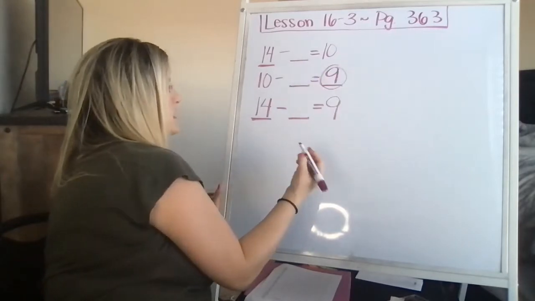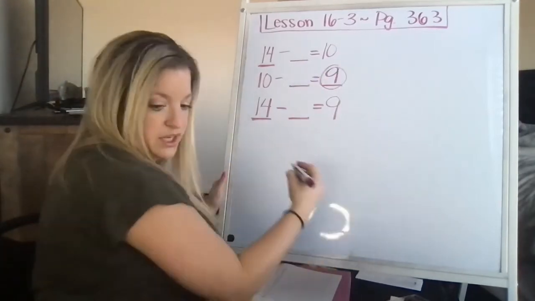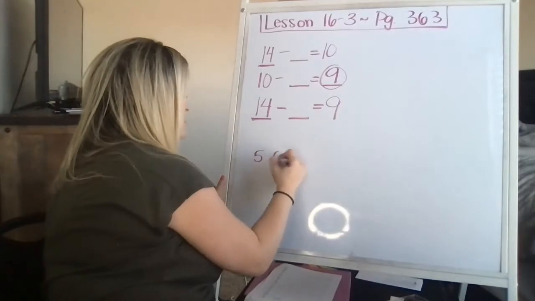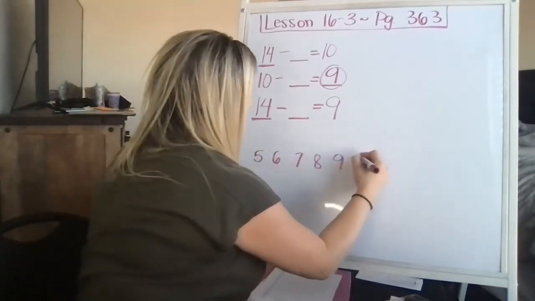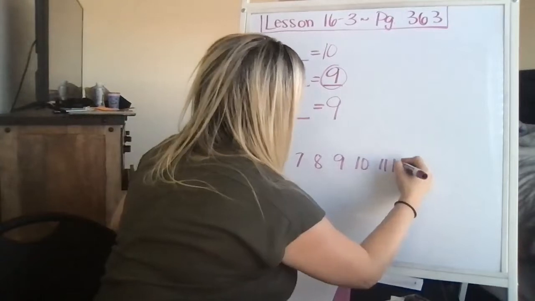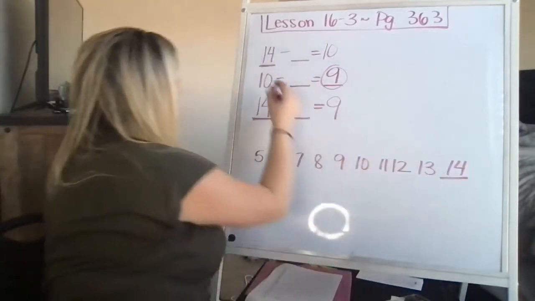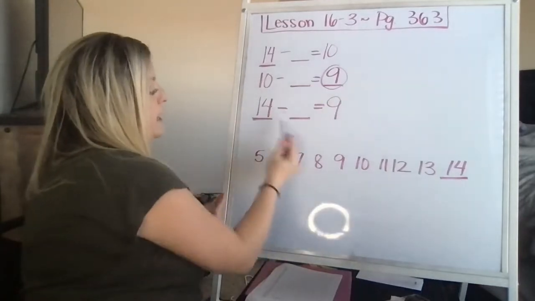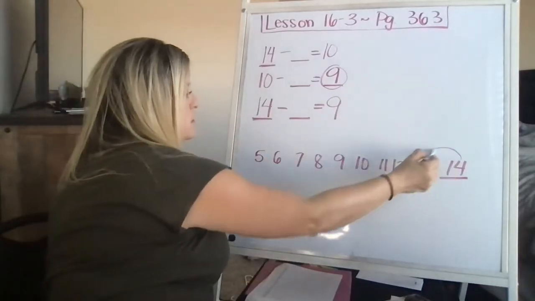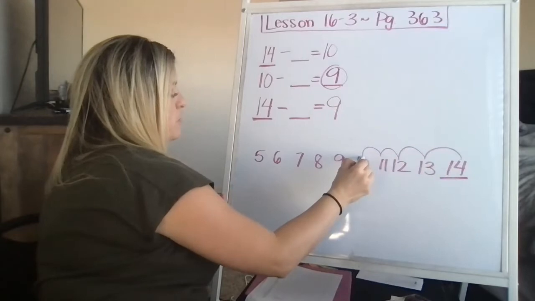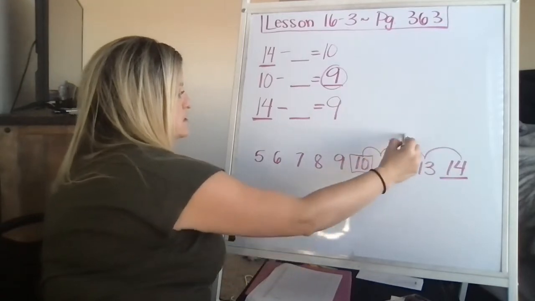They do this on a number line. Start at 14. I'm going to hop back however many to 10. Remember this? 1, 2, 3, 4. Pit stop at 10. This is minus 4.